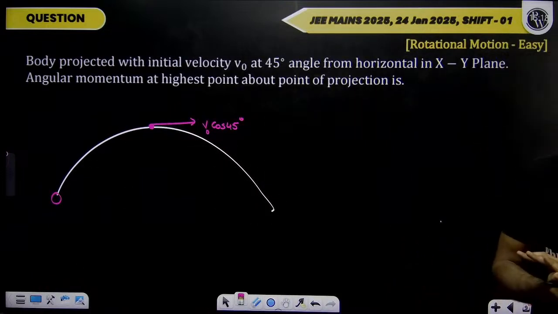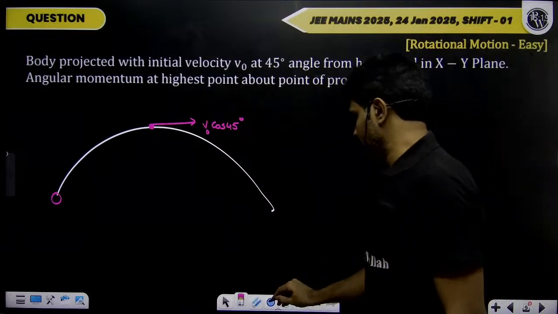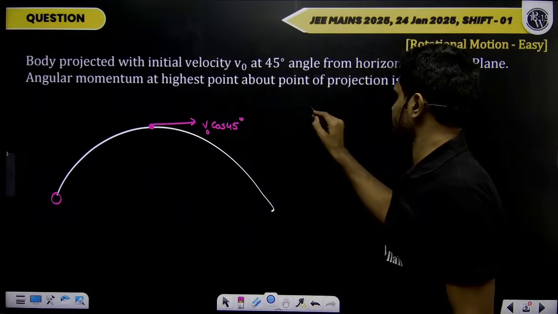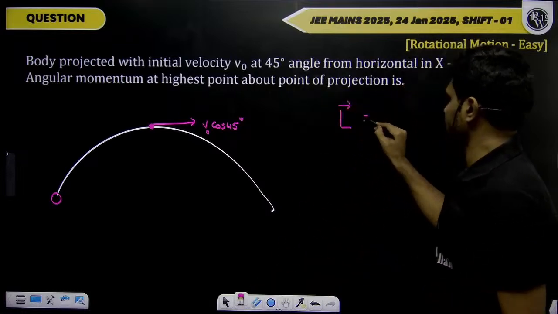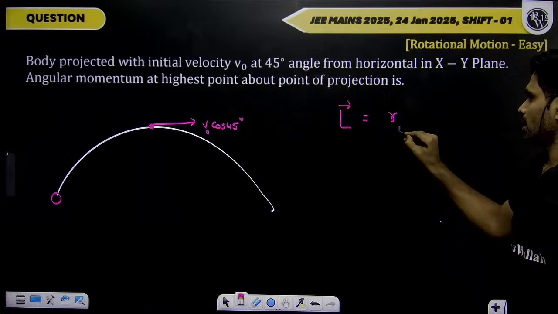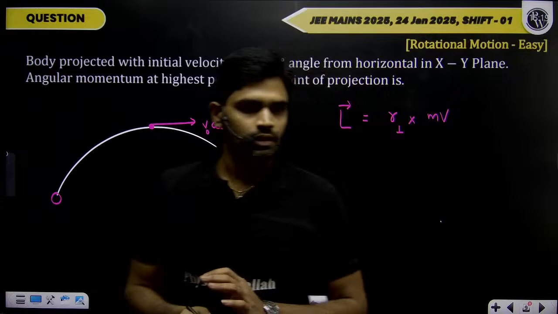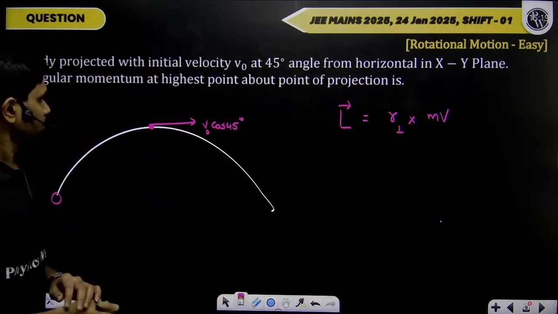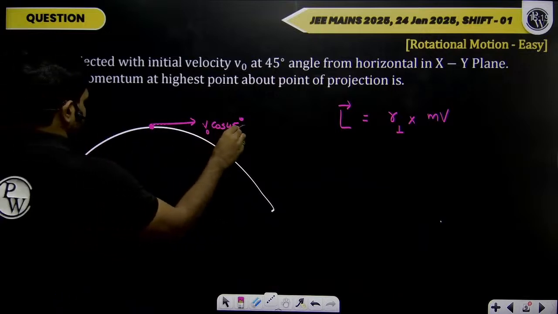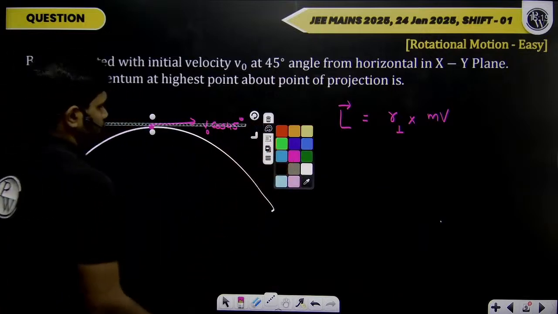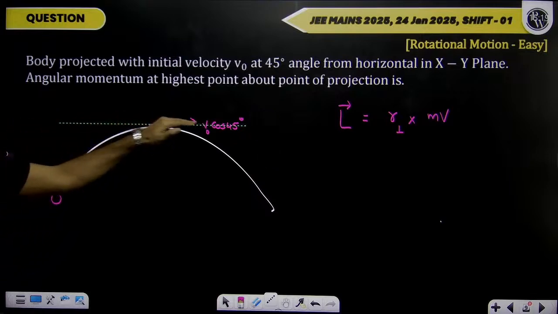But they are asking angular momentum. Angular momentum is linear momentum into perpendicular distance. Angular momentum is r perpendicular into linear momentum. Now let us extend this vector. To find the perpendicular distance, you need to extend this vector.